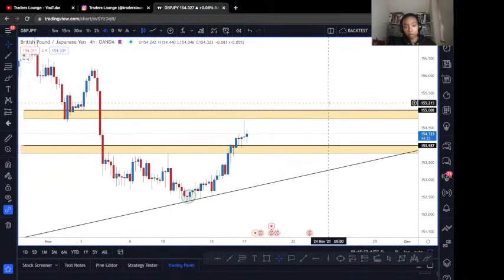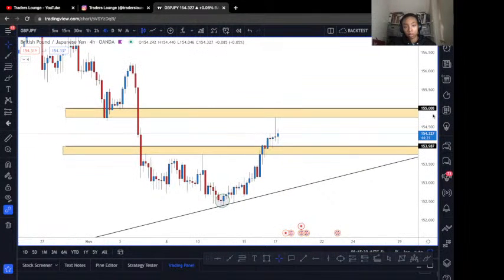So that's how I plan to look at it, because there's no difference between looking at these candlesticks and looking at the stock chart. The only difference is that in the forex market, it's just people literally exchanging currencies.